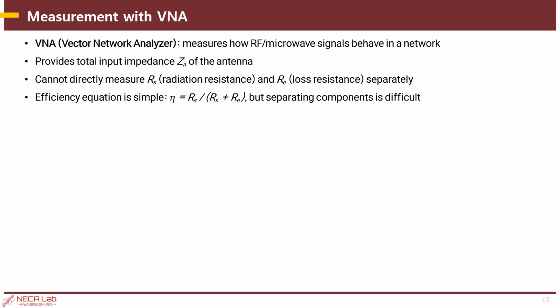It just shows the combined result. So even though the radiation efficiency formula is simple, eta equals RS by RS plus RD, it's difficult to measure RS and RD separately in practice. That's one of the limitations of using only a VNA.